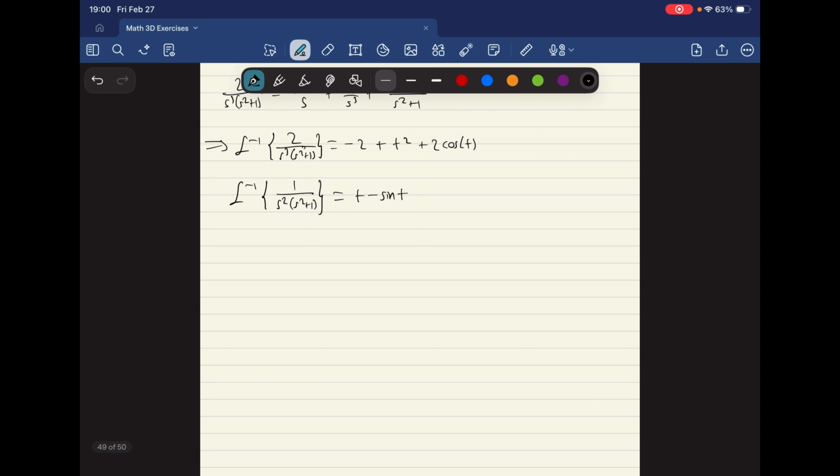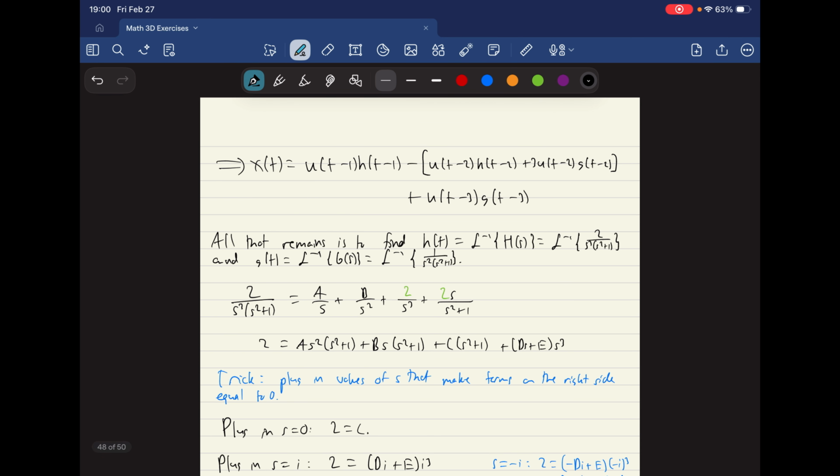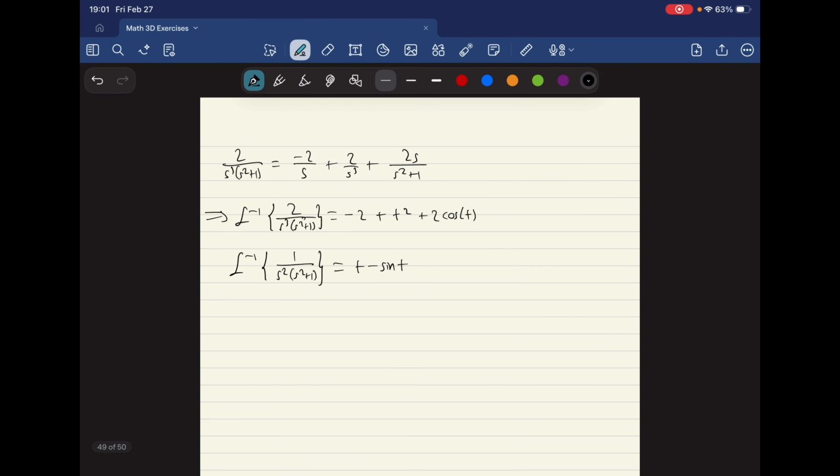And therefore, remembering what our solution was, it was all of this. Now we just need to plug in. So all of this is our h of t, and this was our g of t, right here.